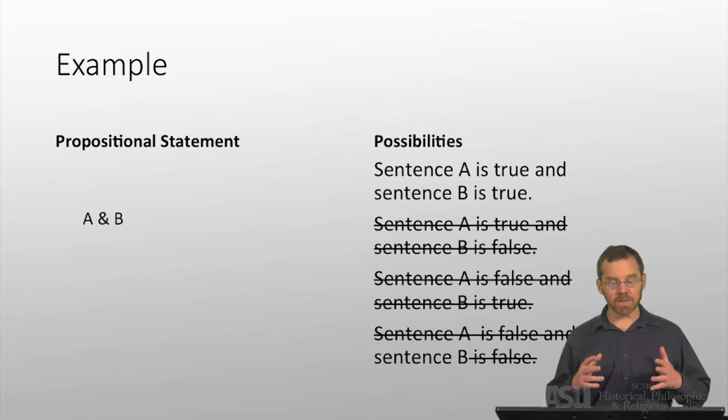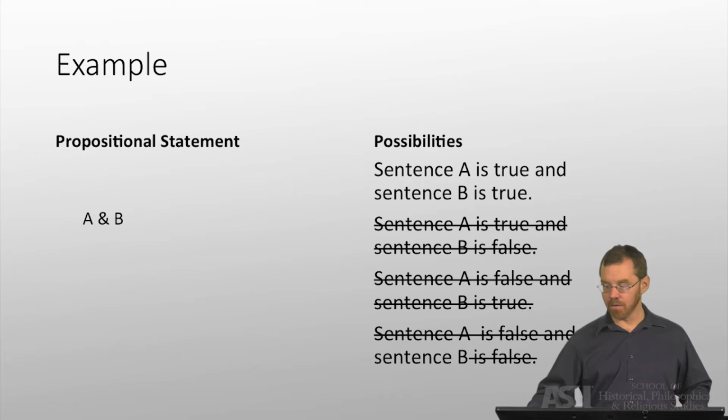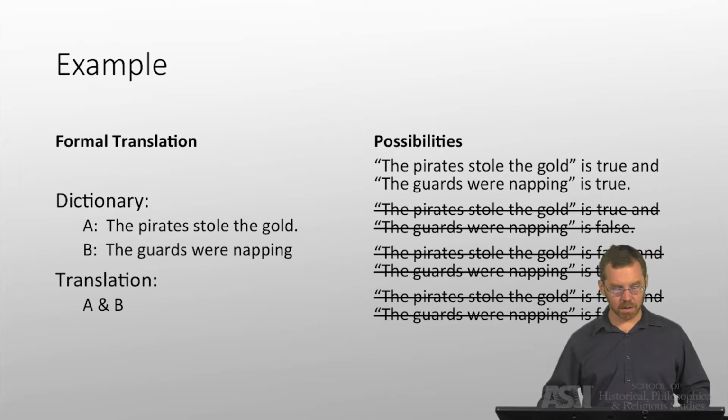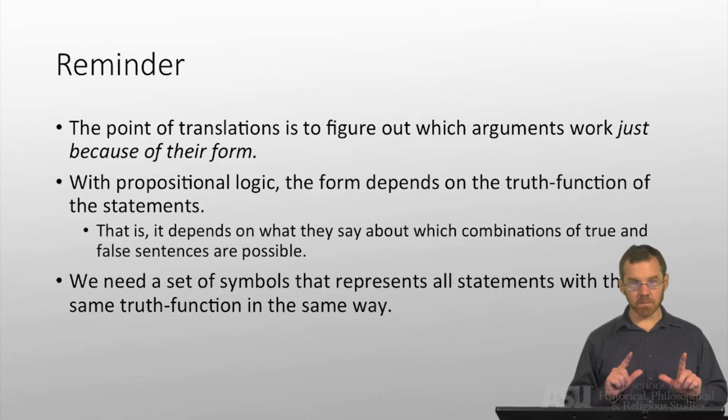So A ampersand B does for A and B what the pirates stole the gold and the guards were napping did for the pirates stole the gold and the guards were napping. Okay. Same truth function. It's just that one was using English sentences and the other one was talking about sentence letters.